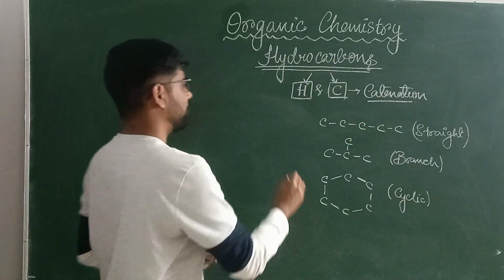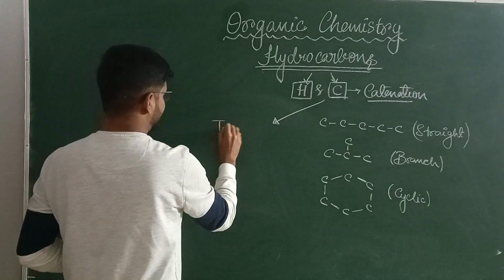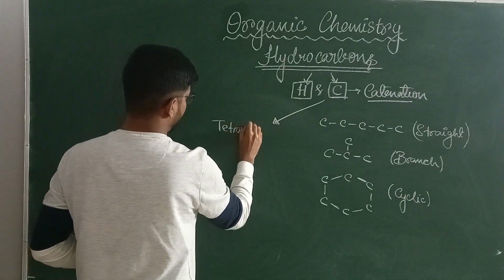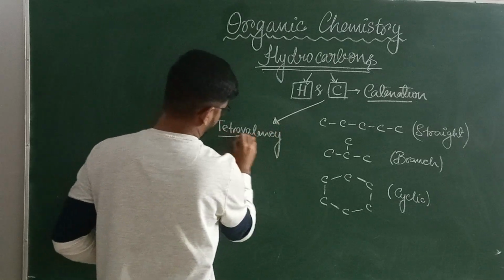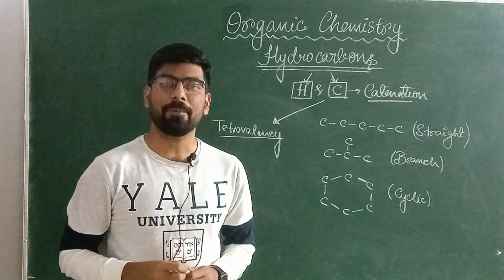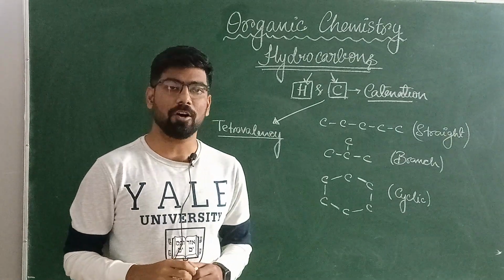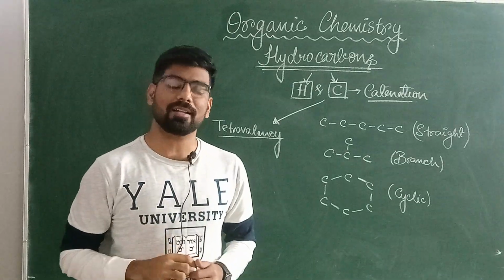The next property of carbon that made it so unique is tetravalency. What is tetravalency? Tetravalency is a property of carbon by which it can form very stable covalent bonds with other elements.